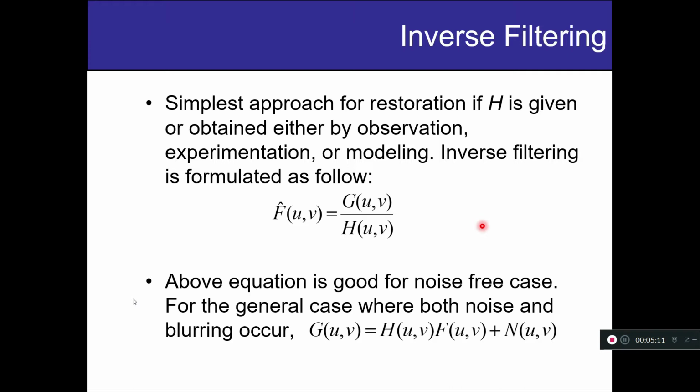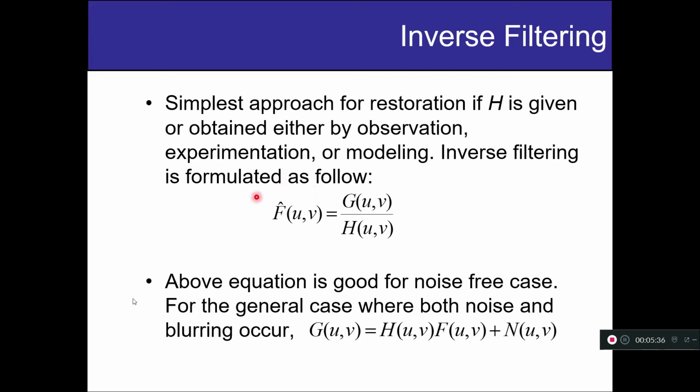At this moment you already know your G, and you estimate your H based on the three approaches discussed before. Then you just divide G by H to get your F hat.